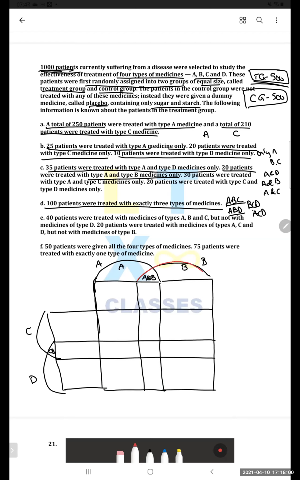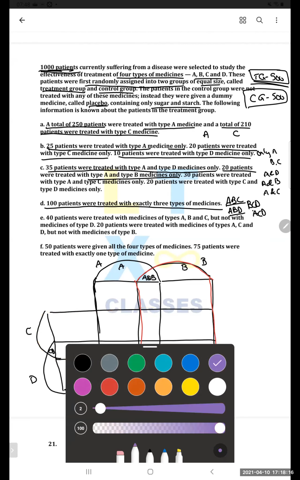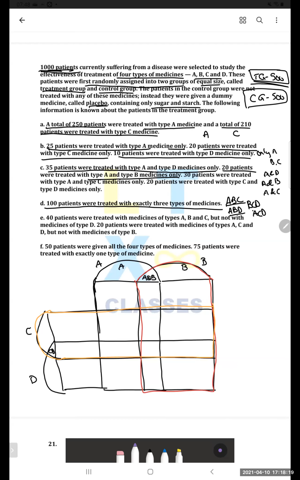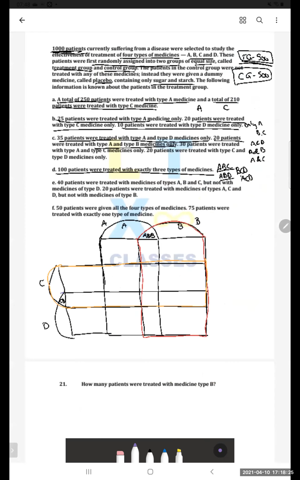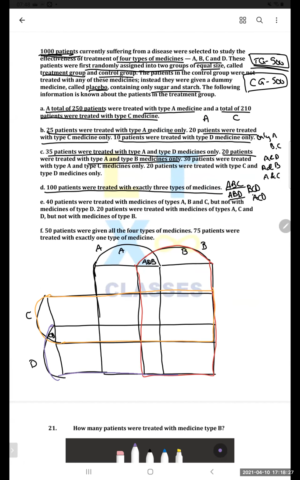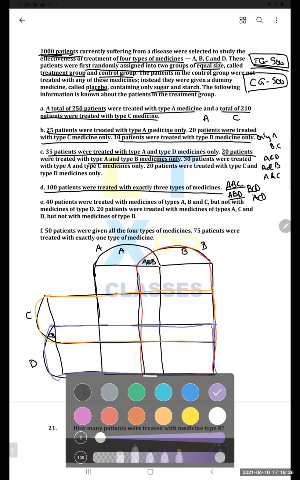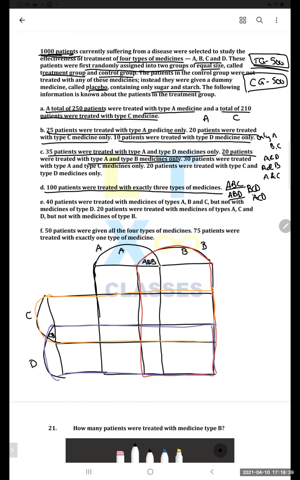So this one is B. This orange is C. And this purple is D. Okay. Now, whatever information that is given here, let us now try to capture that information into this sheet.